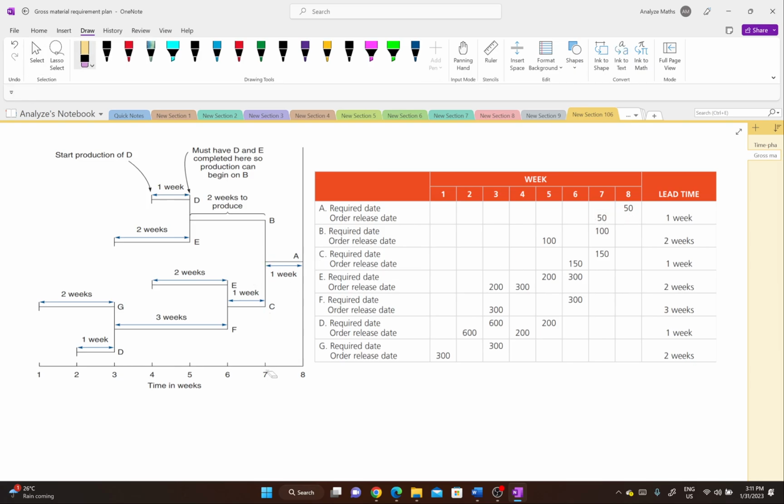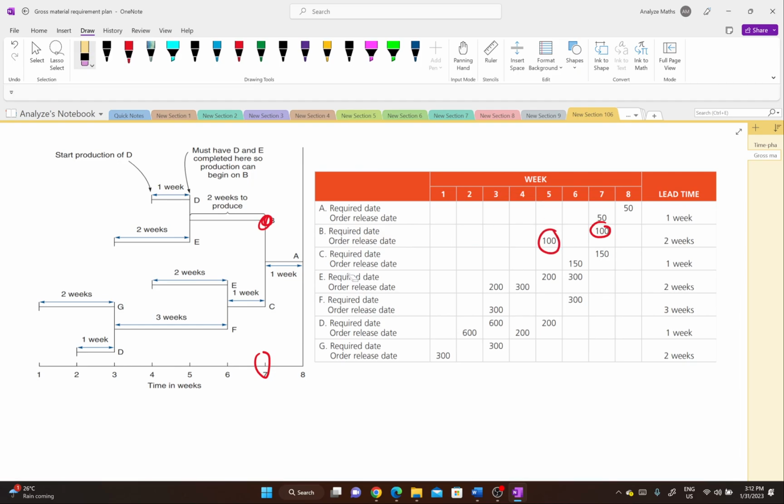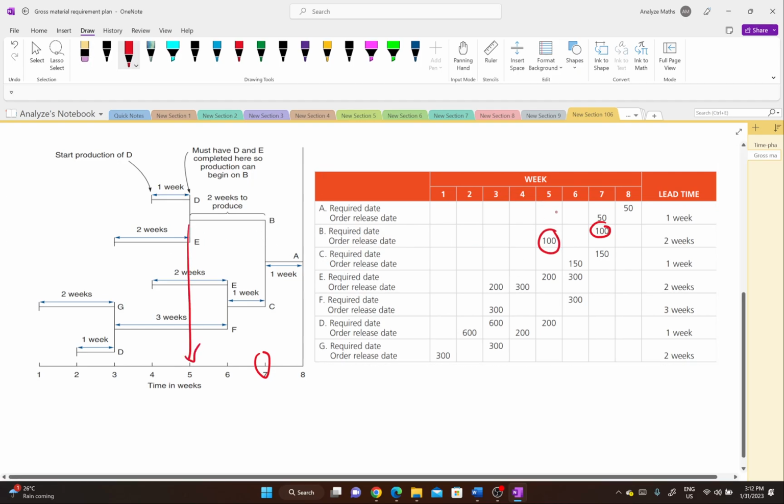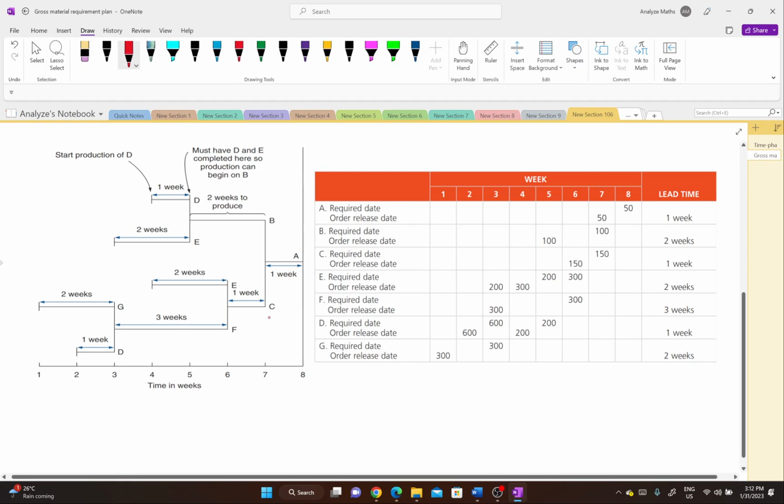Now for B, the required date is when you require it, that is 7. But when you start assembling, you can see here, 5. Start assemble is 5. And for C, the required date is 7. When you start assembling, 6.